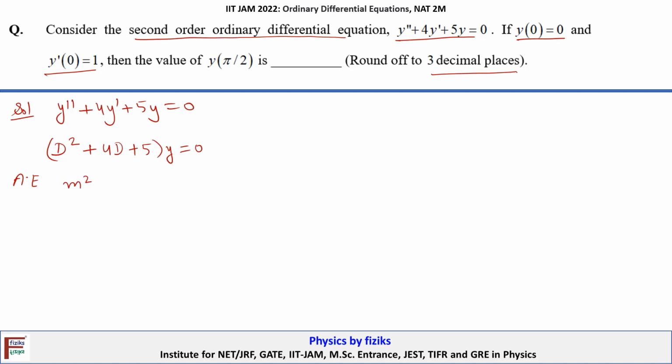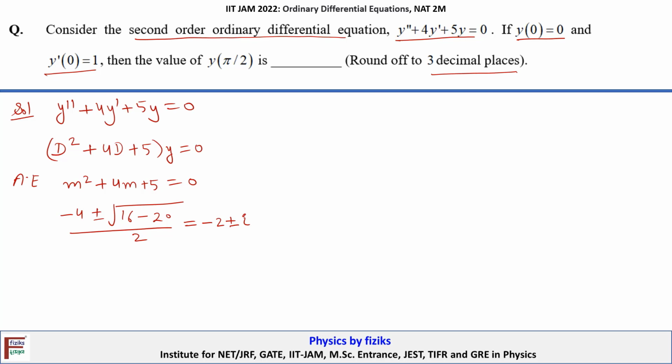Then this auxiliary equation becomes m square plus 4m plus 5 is equal to 0. Now from here we obtain the roots of this auxiliary equation as minus 4 plus minus square root of 4 square means 16 minus 4 into 5 means 20, divided by 2, which gives us minus 2 plus minus i.